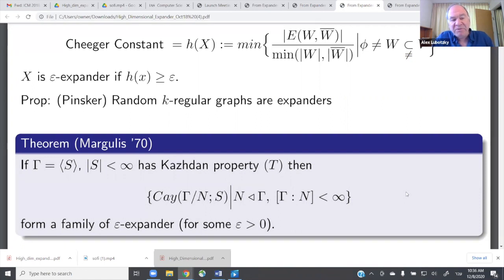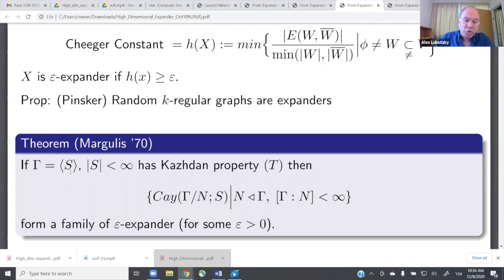And he proved that if gamma is a finitely generated group which has Kazhdan property T, and there are plenty of groups which have this property, for example SL_n(Z) for n at least 3, the n by n matrices of determinant 1 over the integers, and you look at all the finite quotients of gamma, all the normal subgroups of finite index, and you take Cayley graphs of them with respect to the generators of gamma.